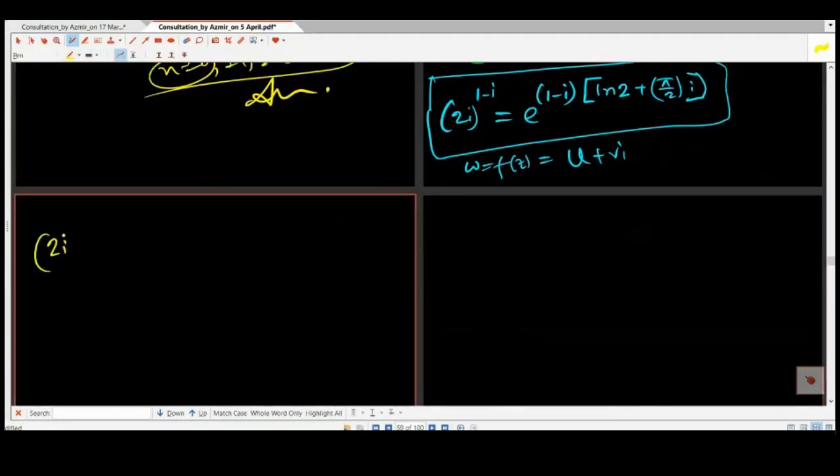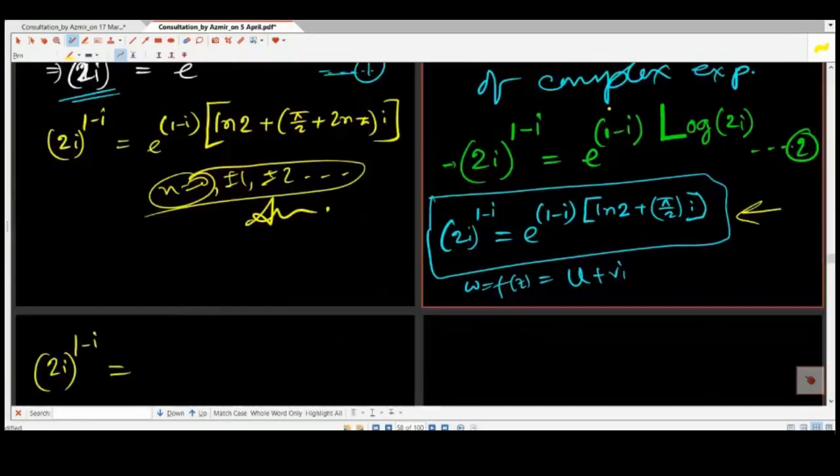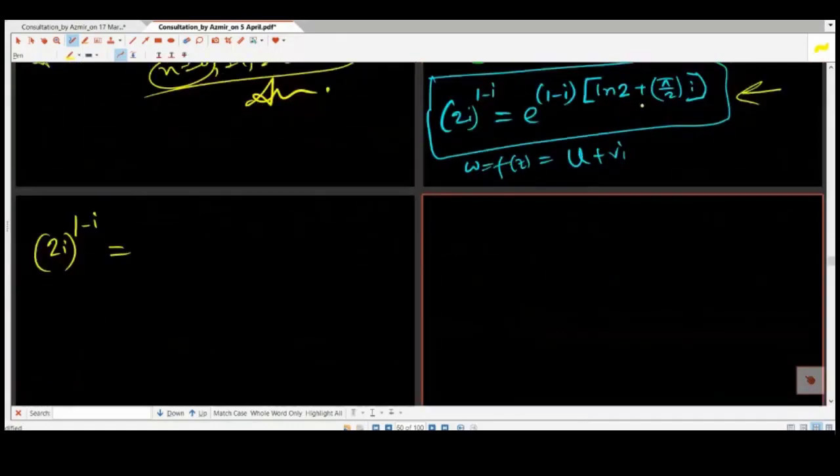So 2i to the power 1 minus i equals, we are evaluating the principal value of this exponent. That's why we are working with this equation, not this one. We can also work with this equation if we want. But let's say we are working with this, and we will reach a numerical value.